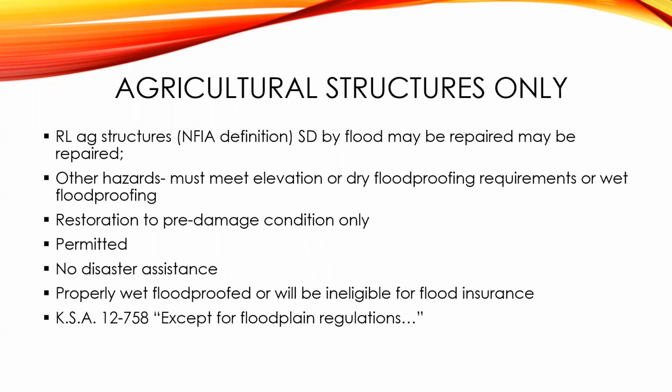So they still have to conform with floodplain regulations, whether that's elevating, dry floodproofing, or meeting the requirements for wet floodproofing and getting the variance. So just putting that out there because it came up recently and we are familiar with it. People have brought it up to us before. So KSA does exempt ag structures and buildings from other land use regulations except for floodplain regulations. Those still have to be followed.